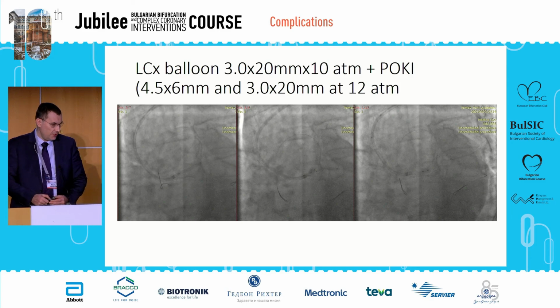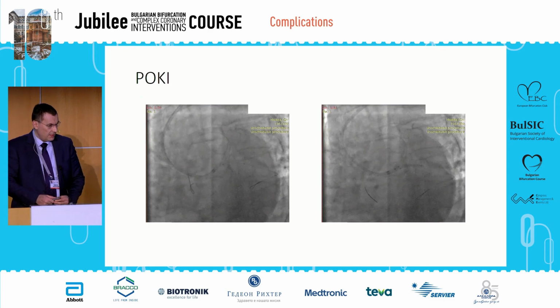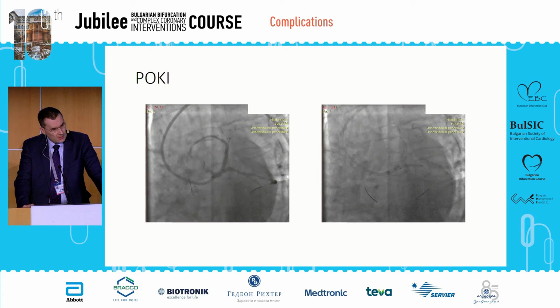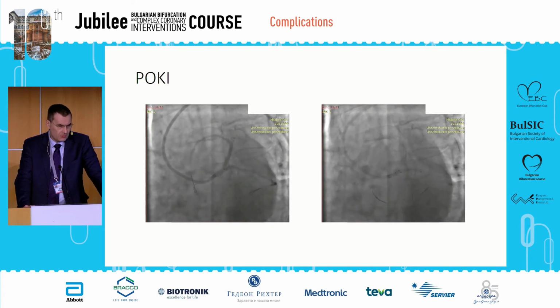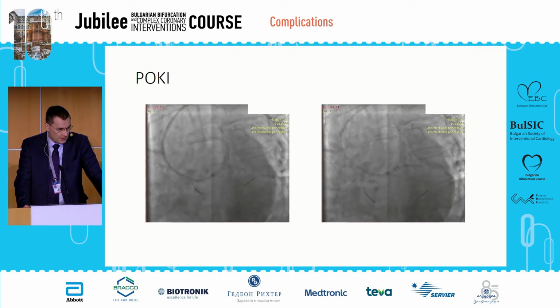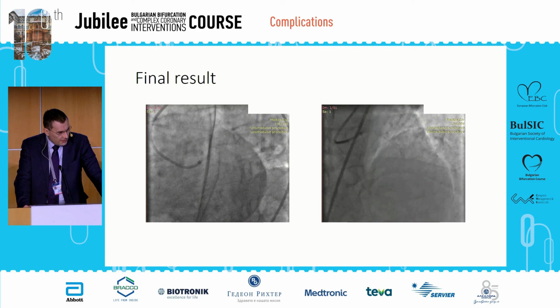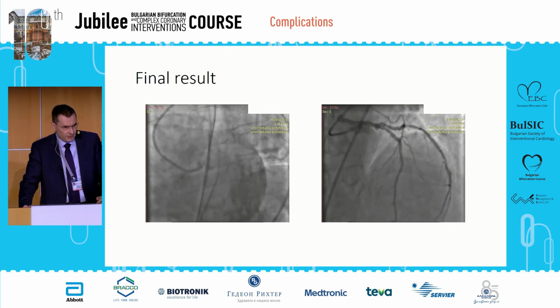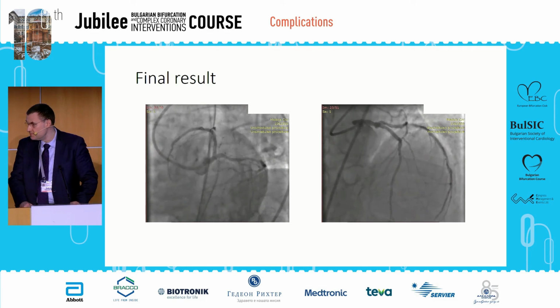And again, we repeated POCI with the same balloon and the side branch drug-eluting balloon 3.0. And this is the usual positioning of the balloons for POCI, which ensures the optimal result. And this is how this bifurcation was finalized.